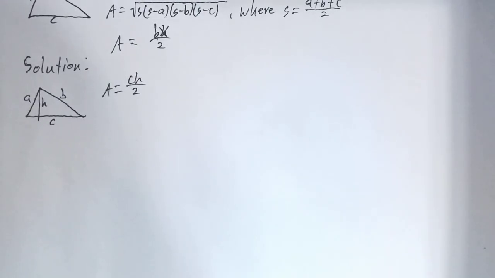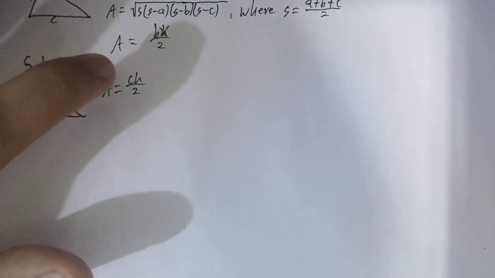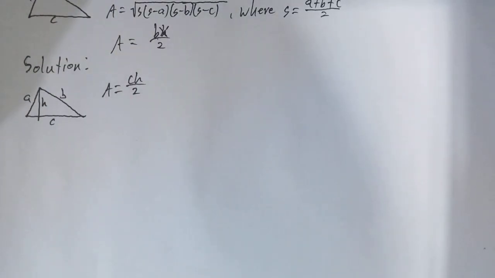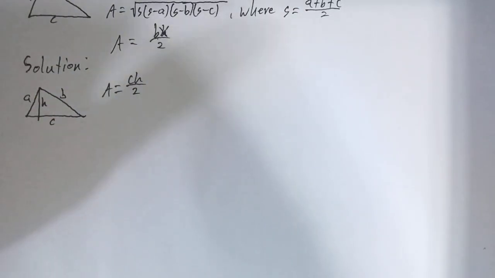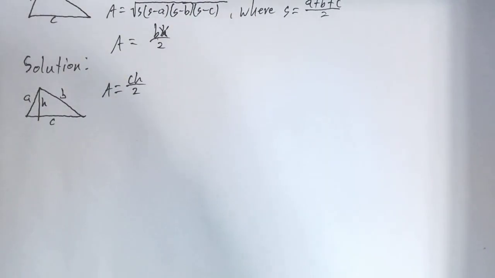Now, what we would do to rederive Heron's formula is we want to eliminate this variable h, which is the height. And we want to rewrite the area of the triangle in terms of A, B, and C, right? So how will we do this?